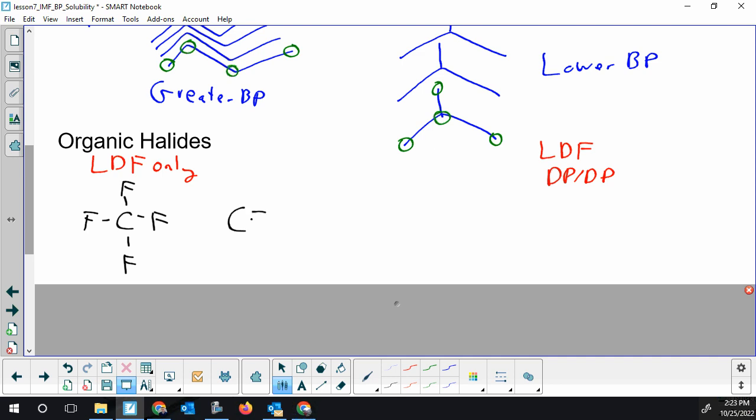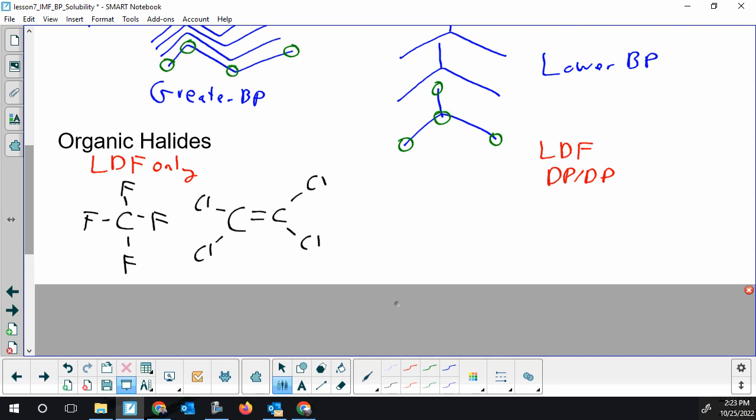I could have a carbon-carbon double bond, and there has to be the same halogens all the way around. If I have 4 chlorines, though, the bonds will cancel each other out. So this won't happen a lot, but you can have LDF only.